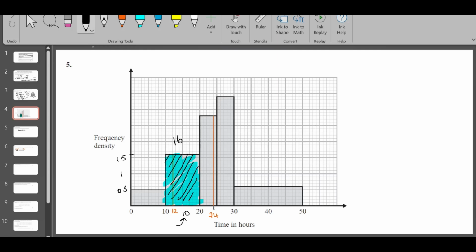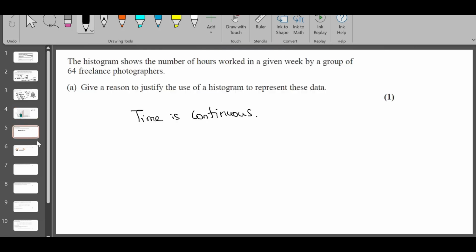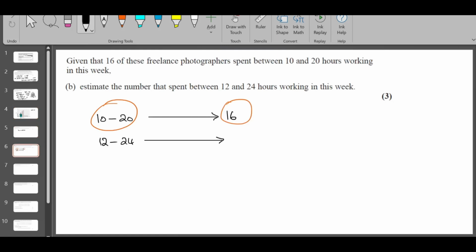This is 1.6. So 1.6 times 10, that's the area. You will get 16, right? So the area of this bar is 16. That represents 16 photographers, right?